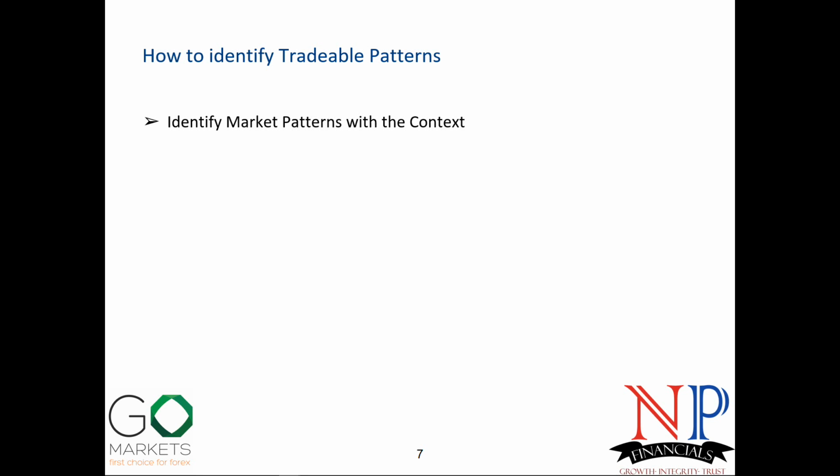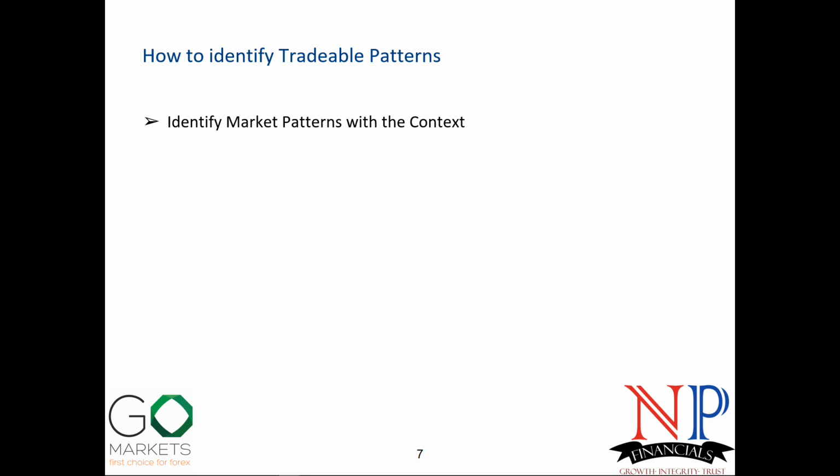The context of a reversal: if the prior trend is bearish, you are looking for a double bottom or inverse head and shoulder. If it is an uptrend, we are looking for a double top or triple top or quadruple top or queen top, whatever the market is showing us. I'll show you many examples.